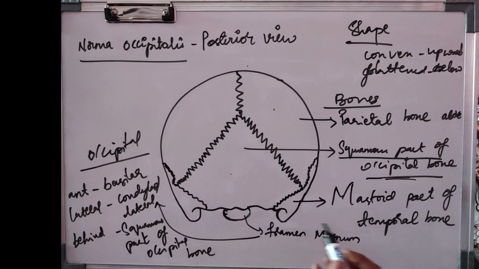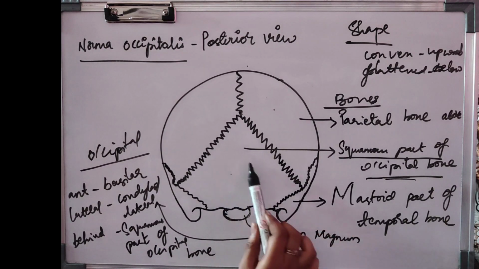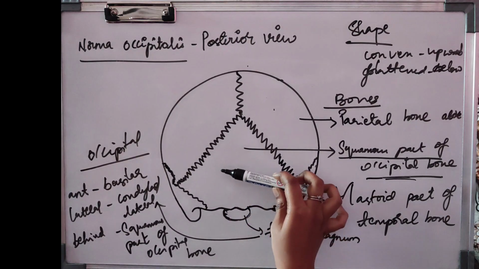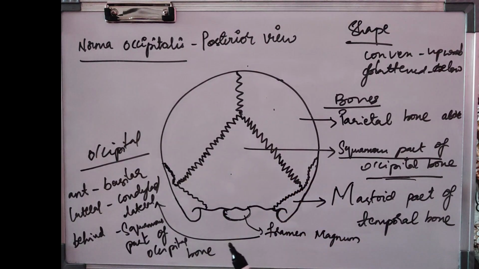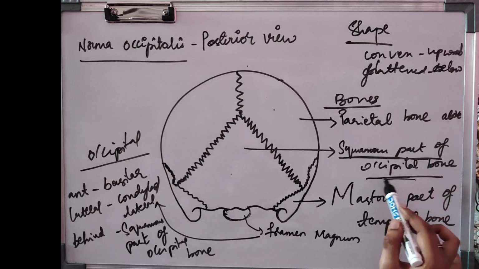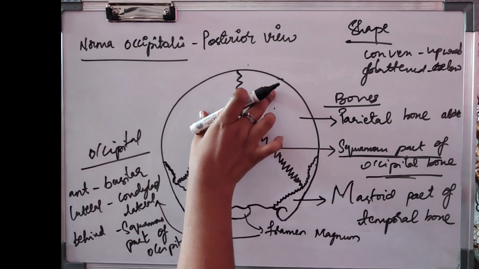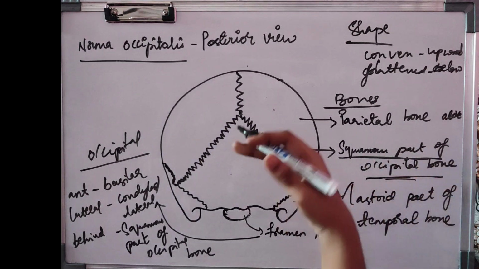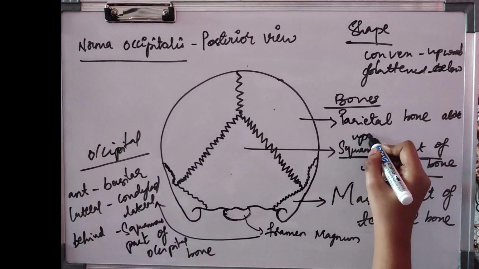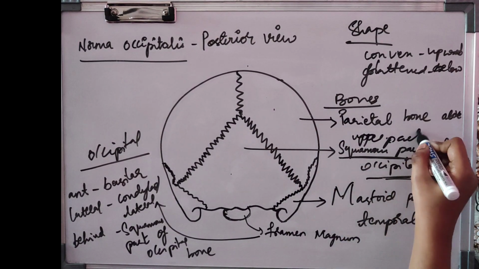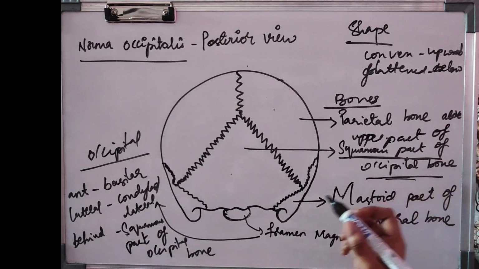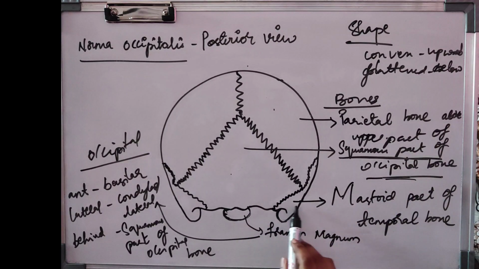So that's why we are saying whatever occipital bone we are seeing from the posterior view is the squamous part of the occipital bone. So bones we can see are the posterior parts of the parietal bone above, the upper part of the squamous part of the occipital bone below, and the mastoid part of the temporal bone on each side.